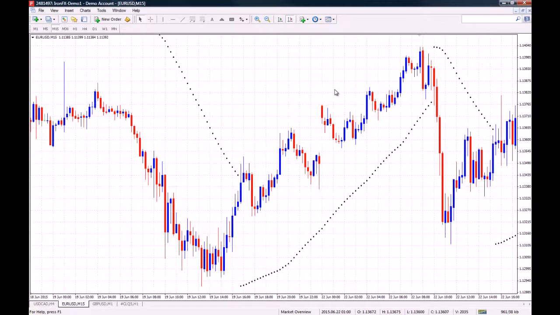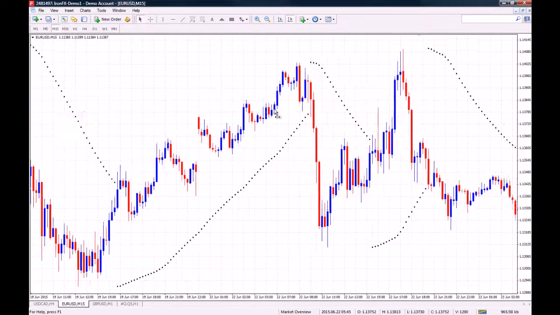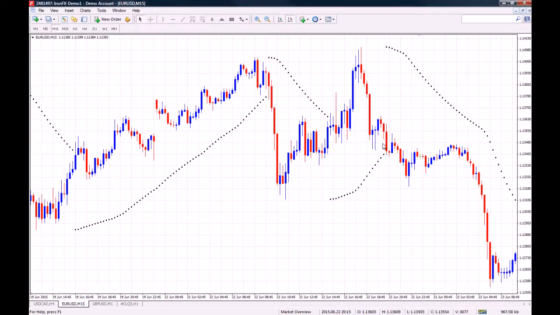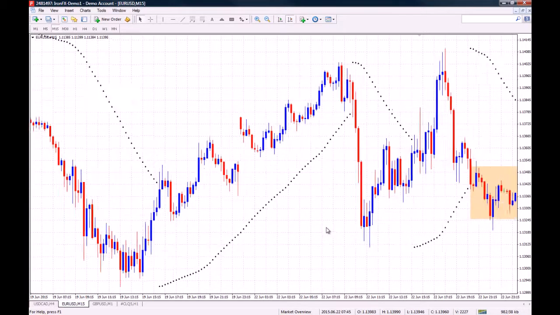Now, remember that this strategy needs to be traded in very volatile hours, because if you trade it in non-volatile hours, you are going to get this kind of setups, okay? We need a strong break, and we need price to continue with momentum to the downside in this case, or to the upside if we have a break to the upside, okay?